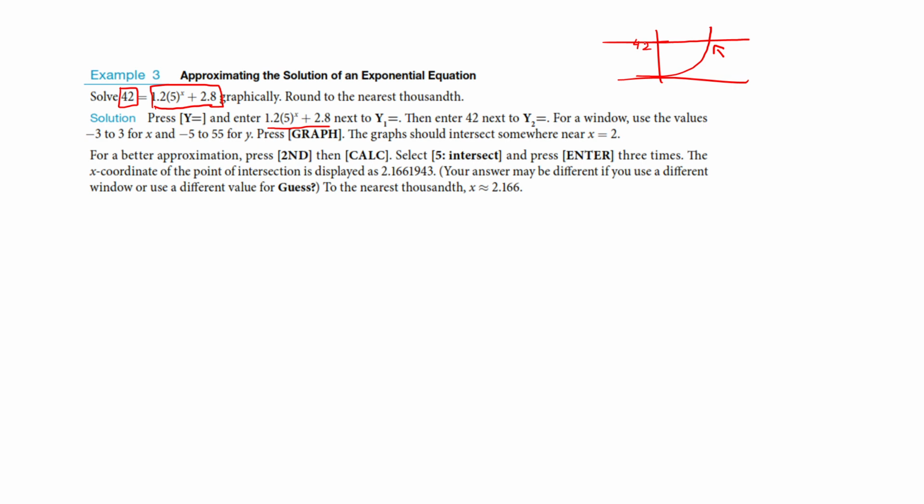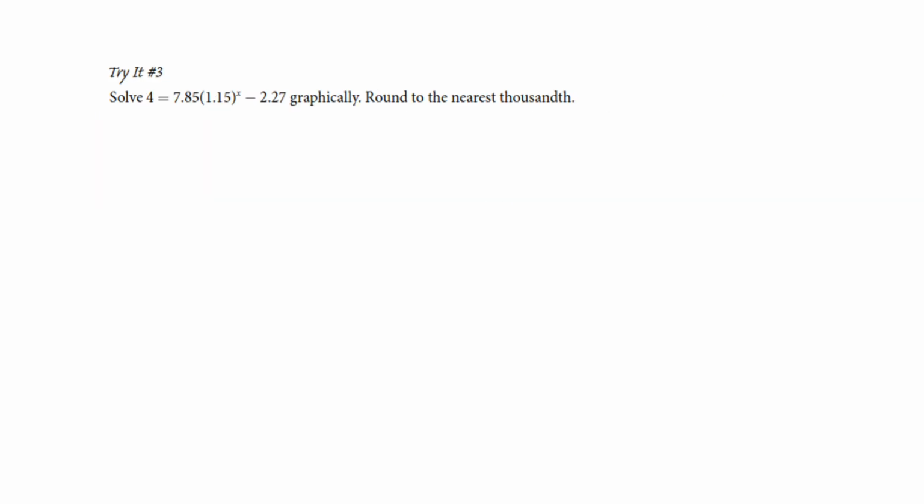Well, you could find the point right there where they intersect. So whatever the x value is where those two intersect, that would be the solution. And so again, they're giving the calculator commands. I'm not going to take you through that. I would not ask this question, but it's interesting to note that that's a clever way that you could do it. So if you did that, you'd get approximately 2.16.